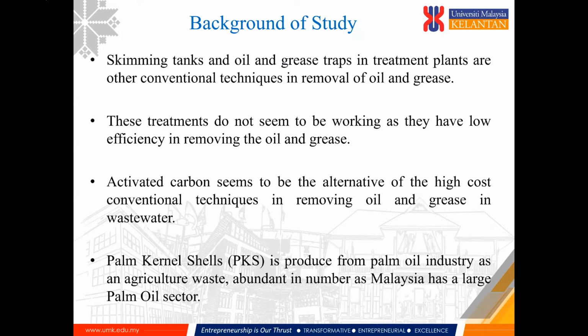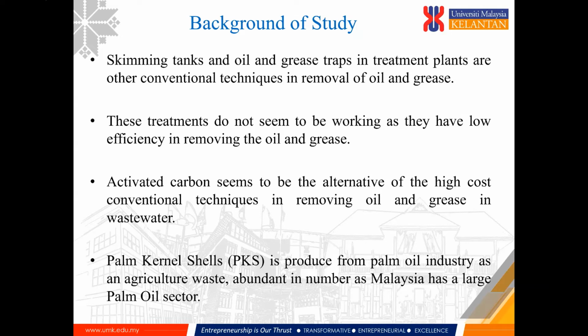Skimming tanks and oil and grease traps in treatment plants are other conventional techniques for removal of oil and grease. However, these treatments do not seem to be working as they have low efficiency in removing oil and grease. Therefore, activated carbon seems to be the alternative to the high-cost conventional techniques.